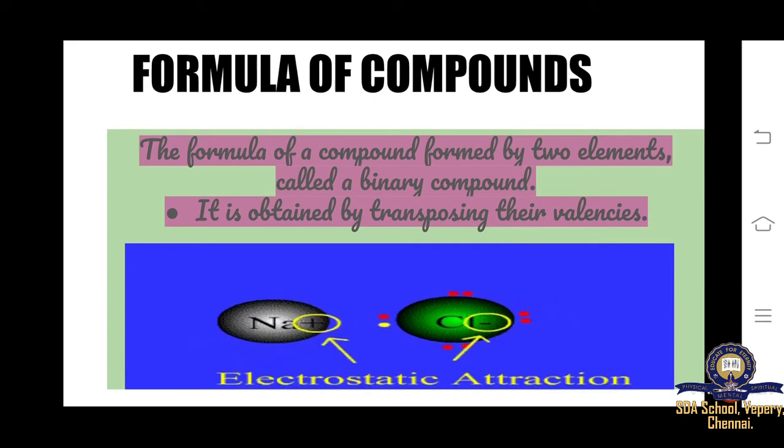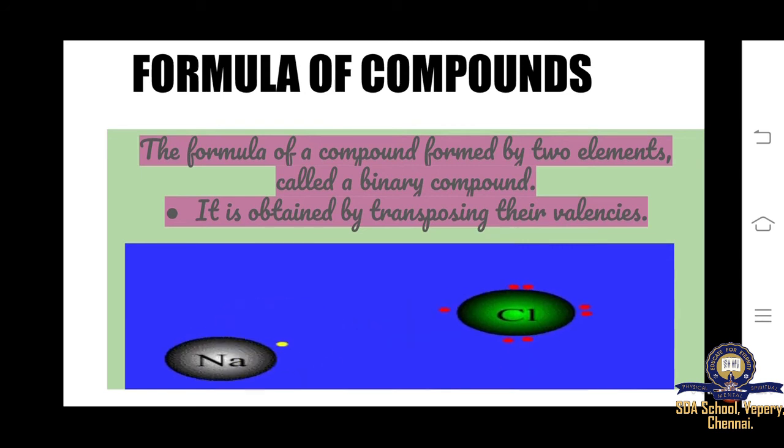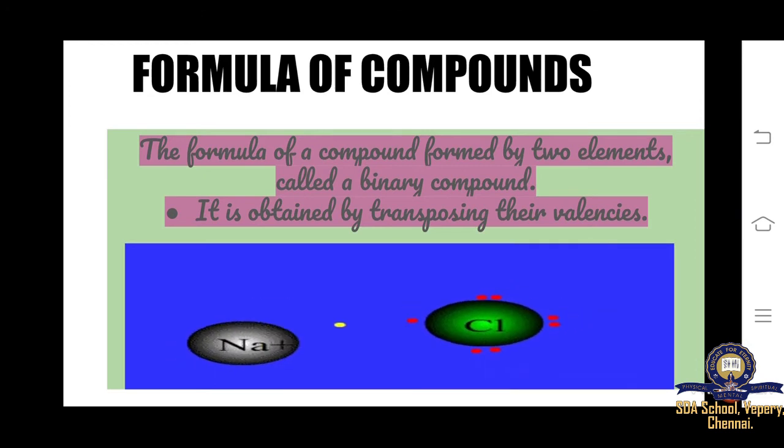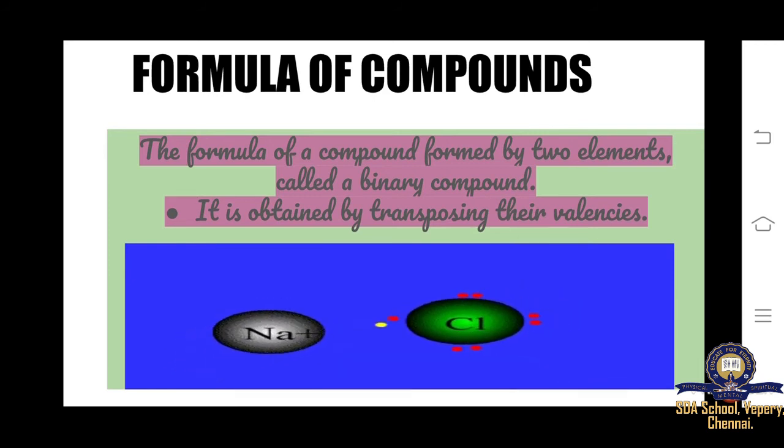So based on the valency we have monoatomic, diatomic, triatomic and polyatomic. Mono means it can lose 1 electron, then it combines with another element to make a compound. For example, here we have sodium and chlorine. They combine and give sodium chloride, NaCl. This sodium chloride is the salt we regularly use to taste our food.